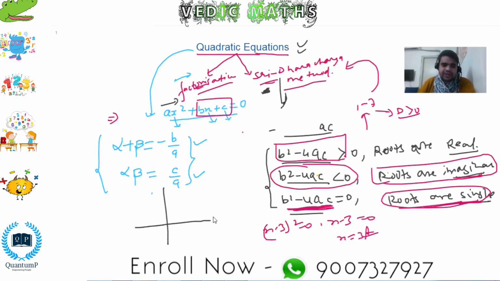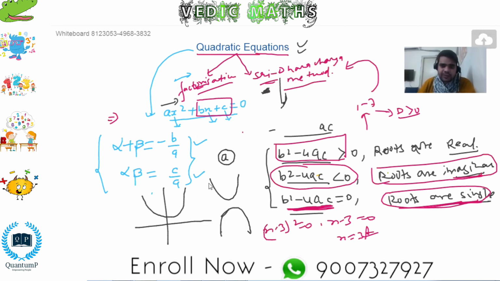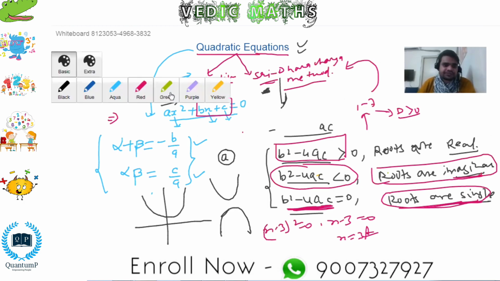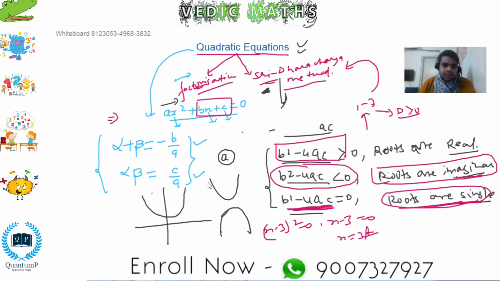Apart from this, there are a lot of behaviors which we can see. If I tell you the graphical interpretation of this quadratic equation, it's a parabolic curve. It can be like this, or it can even be in this way. It depends on the sign of a. As we have seen, let's take an example where we had the answer minus 3 and minus 7.